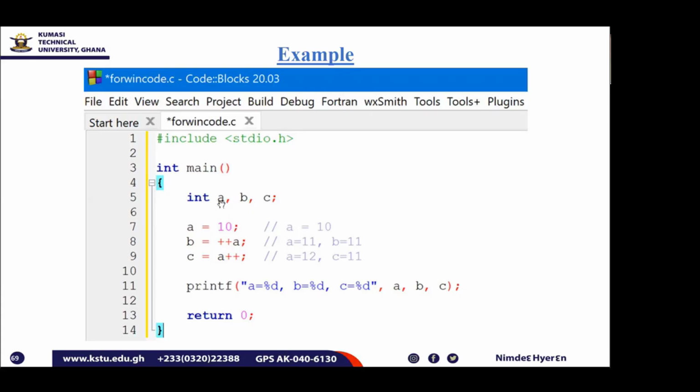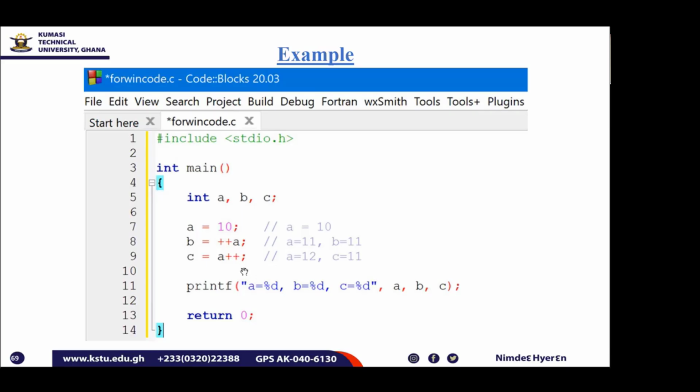Here we have integers a, b, c. A equals 10. B equals plus plus a. What this would mean is that a equals 11 and then b equals 11. That is for the prefix. Now, when we look at the postfix, it says that c equals a plus plus.